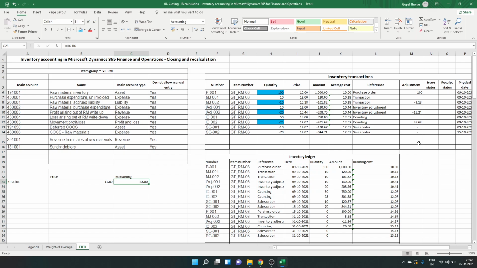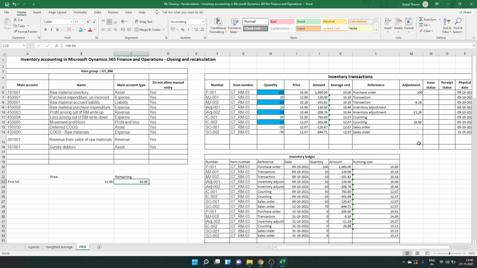Okay, so the 45 quantity is still remaining. Now we have a sales transaction of quantity 10, where the real-time COGS or inventory is issued by 120.67.